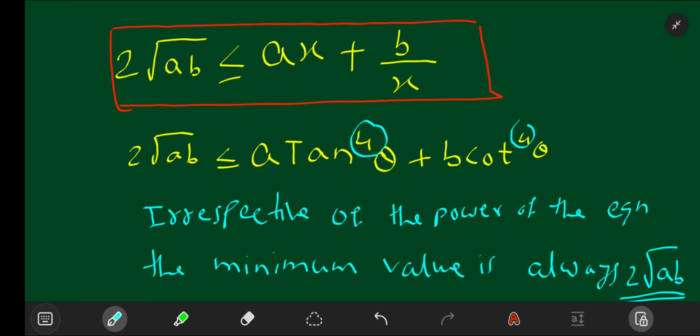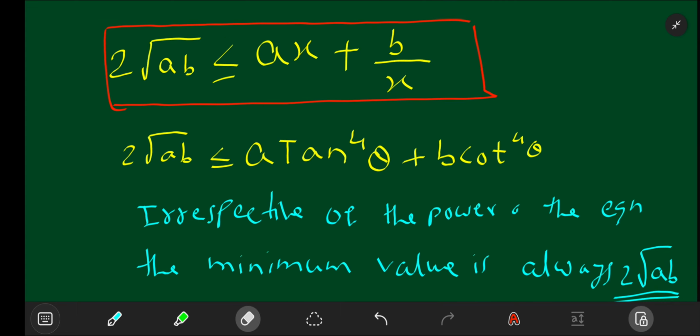Irrespective of power, the minimum value is always 2 root ab when the reciprocal is there and in multiplication a and b are there. Tan theta, reciprocal of tan theta is cot theta only, no? So these two are in reciprocal and in multiplication a and b are there. So the minimum value is 2 root ab, 2 square root of ab. Okay, remember this one also.